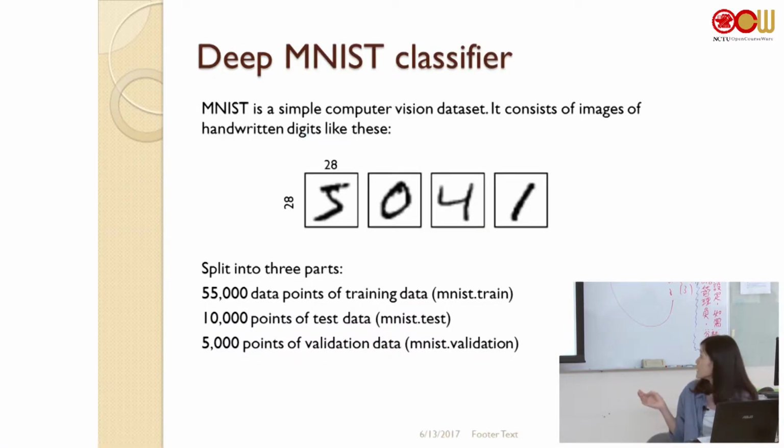And next, I will use the MNIST dataset and a CNN model for a simple example later. So first, I want to introduce the MNIST dataset. MNIST is a simple computer vision dataset. It consists of images of handwritten digits like this, and is separated into 3 parts.